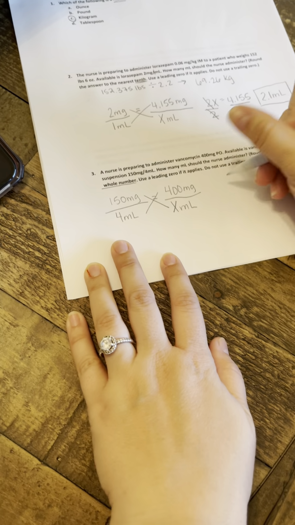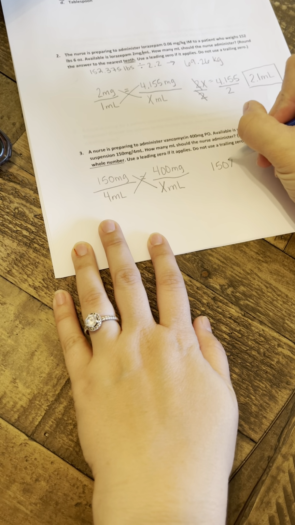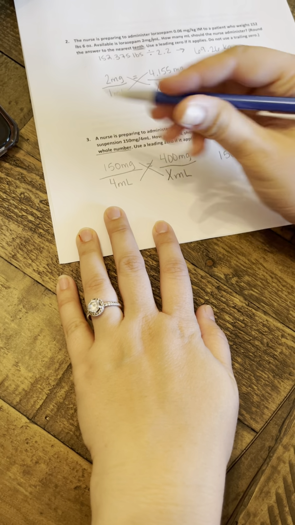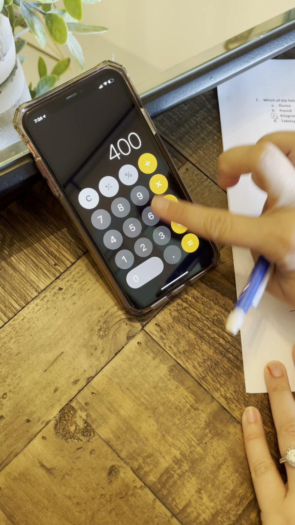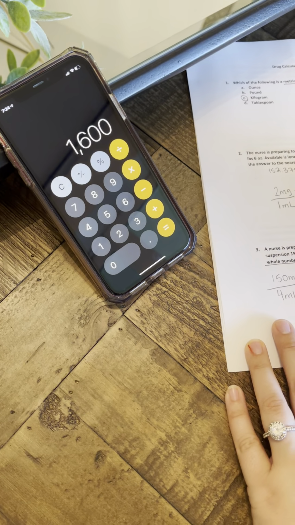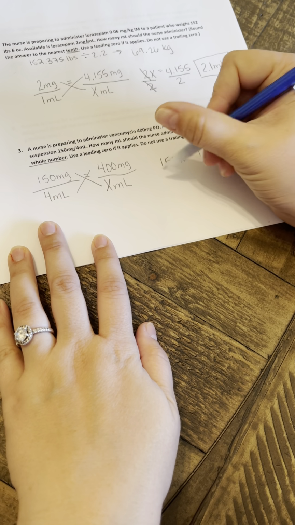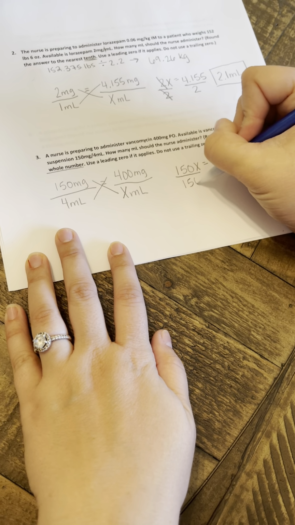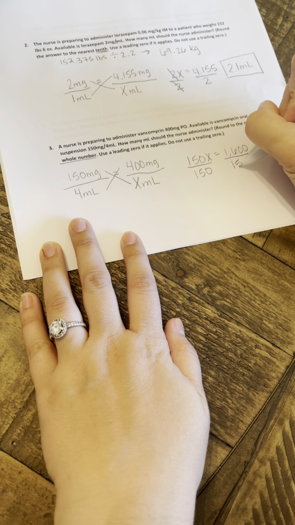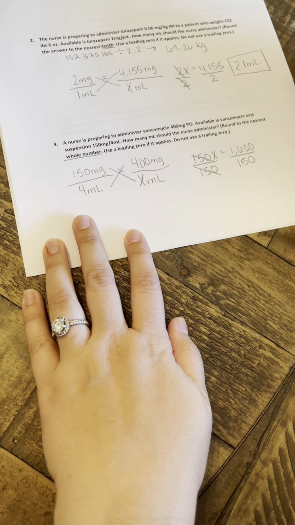So we have 150x equals 400 times 4, 1600. We want to get x by itself, so we divide each side by 150. So we have 1600 divided by 150.